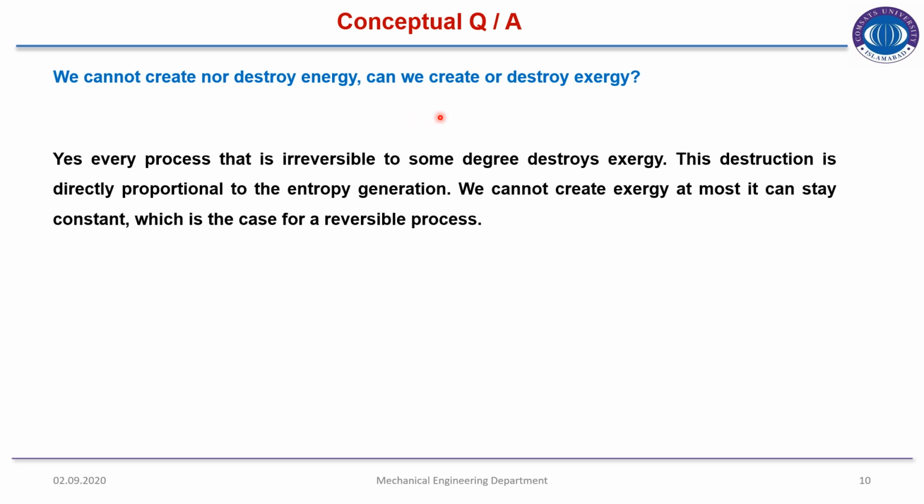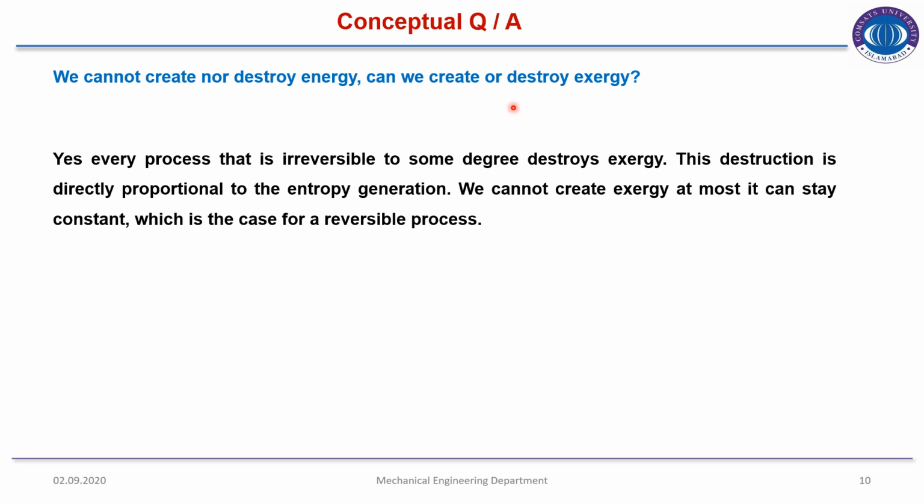It is asked that energy cannot be created or destroyed, but can available energy be destroyed or created? Available energy cannot be created. However, if the process is irreversible, then the value of available energy is reduced. The more irreversible the process is, the lesser the value of available energy. The decrease in the available energy is accounted for by the term entropy generation.